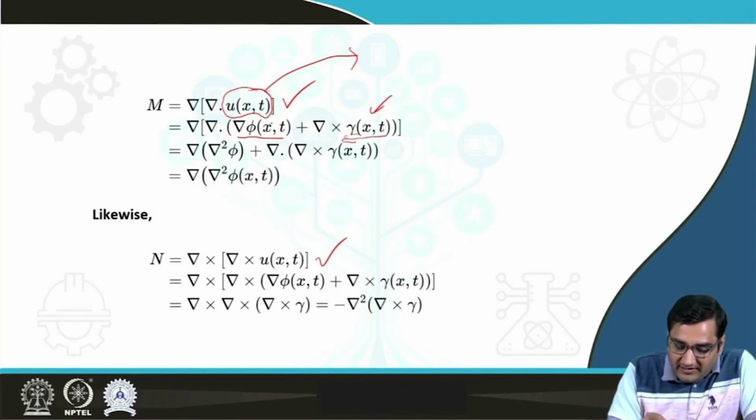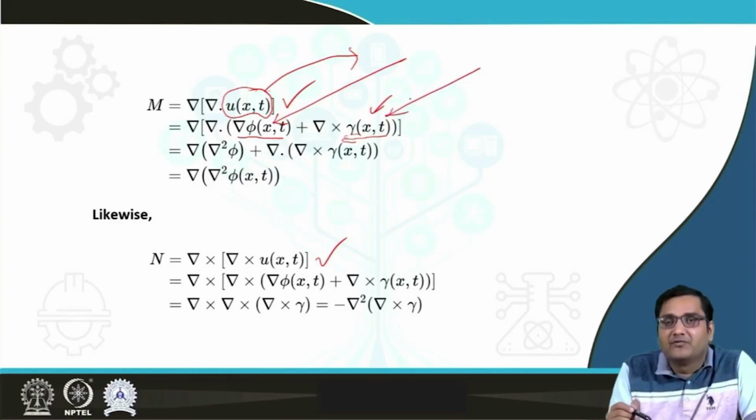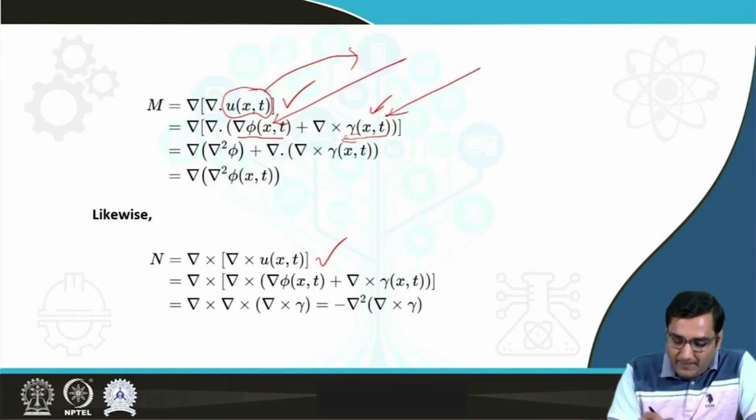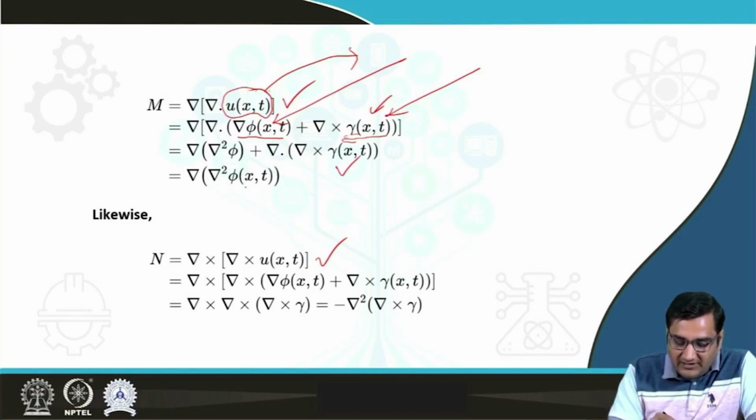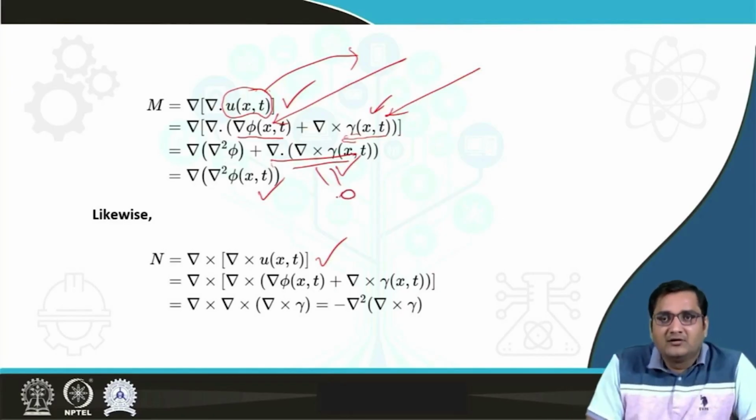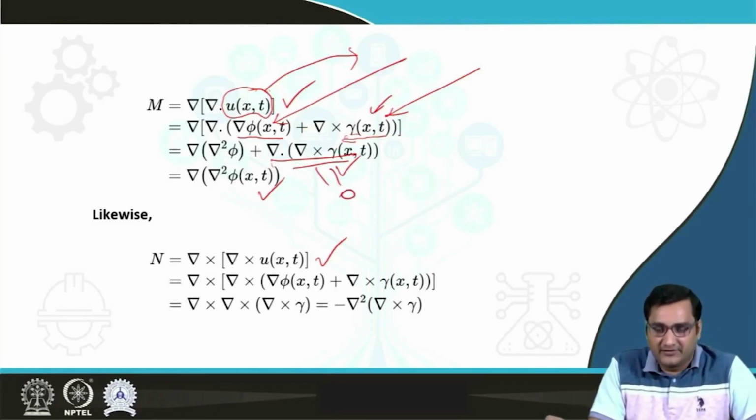This scalar potential is responsible for the p wave, and this vector potential is responsible for the s wave. So when we do so, you can get del of del square phi plus del cross curl of epsilon x,t. This will become del of del square phi x,t, because the other term will become 0, since it is the divergence of the curl of a vector quantity.